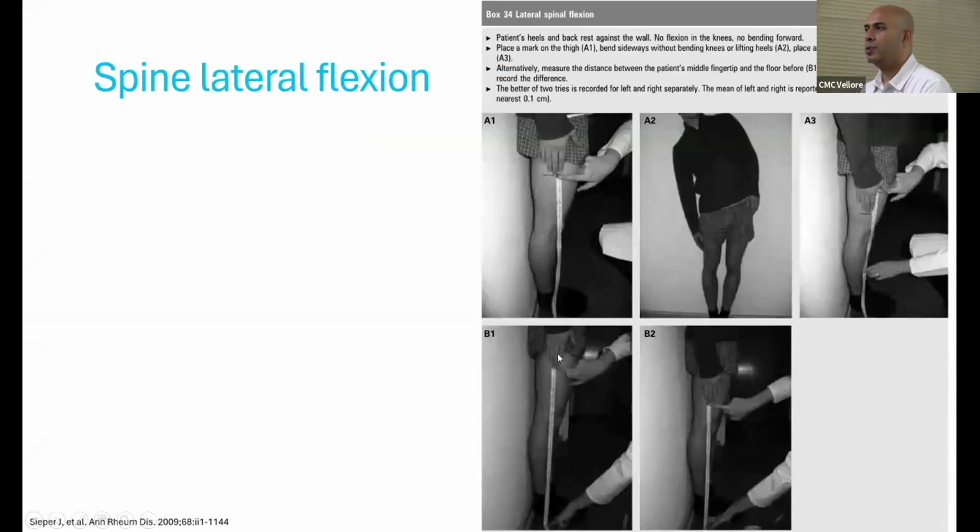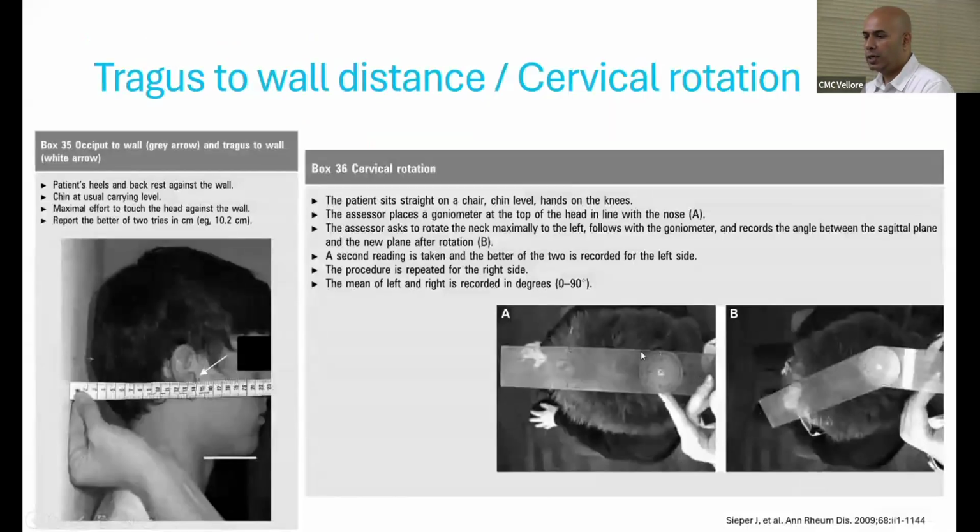Generally, what I do is ask the patient to stand up straight, not bending his knees, and just measure the distance from the tip of the middle finger all the way to the ground. Ask him to bend to the sides as much as he can, without bending the knees again, and measure the difference between these two. Cervical rotation, here again, it's not possible in the OPD to have goniometric measurements, but generally, what is the normal cervical rotation?